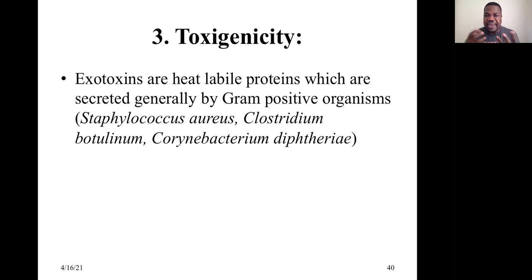Exotoxins are heat labile proteins, so those are proteins that can be destroyed by heat, by high temperature. That's why when you have your food and you put it in a microwave or warm it, even if there were exotoxins released, especially if your food is contaminated maybe by Staphylococcus aureus or Clostridium or whatever, they are heat labile.